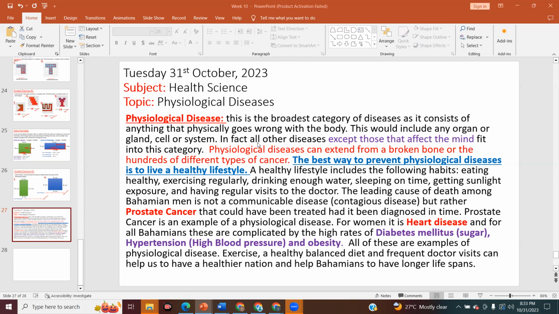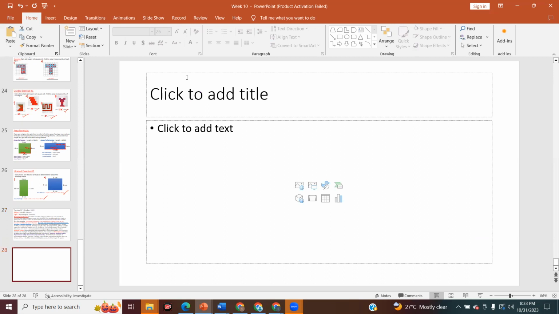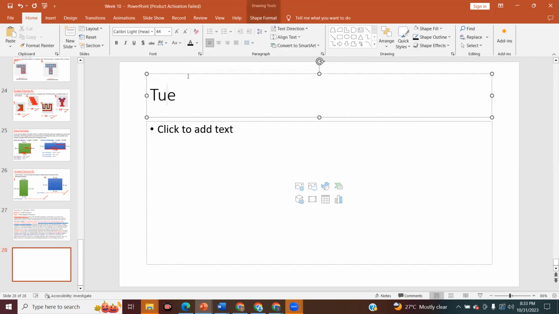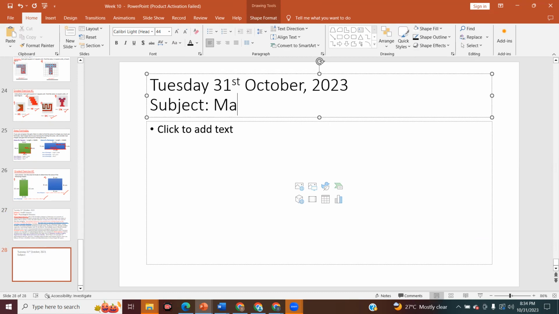Now we're going to move on to general science. It's going to be the last thing for the night, for Tuesday, the 31st of October, 2023. The subject is, of course, health, general science.